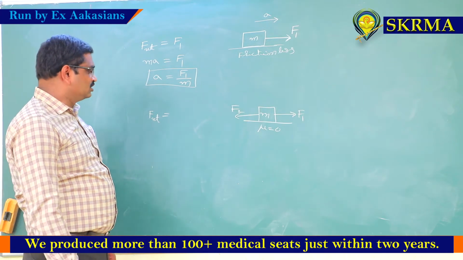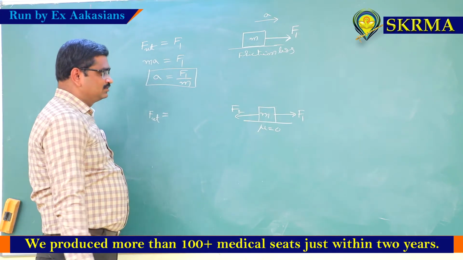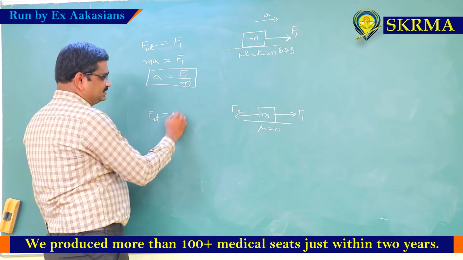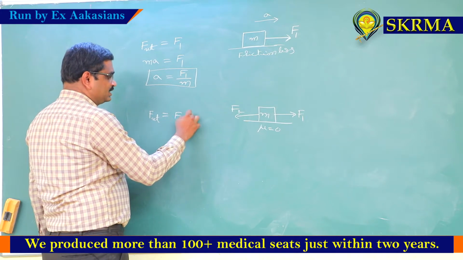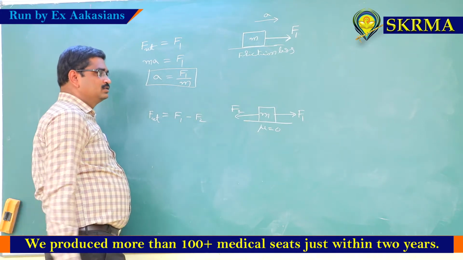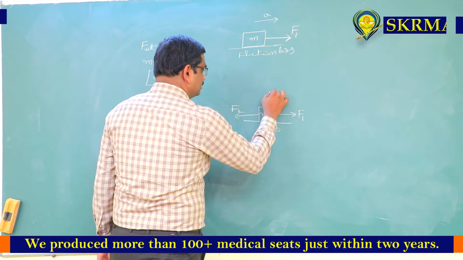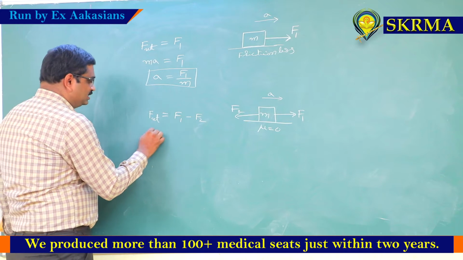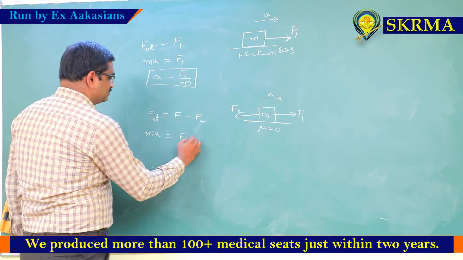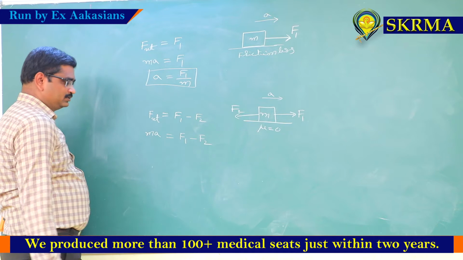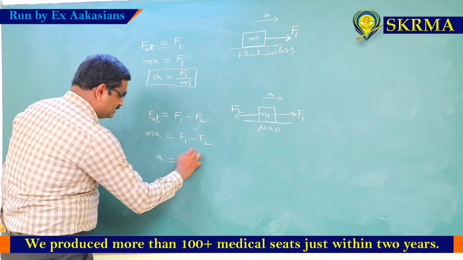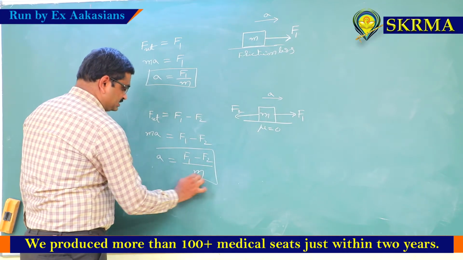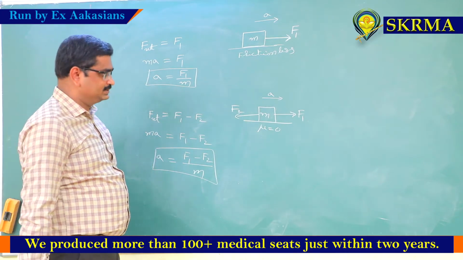From this diagram, along the positive x-axis F1 is acting, so we can write F1 minus F2. Assume that this is moving towards the right. From Newton's second law, F net equals ma, so F1 minus F2 equals ma. So acceleration is F1 minus F2 by m. This is the acceleration of the block in this case.